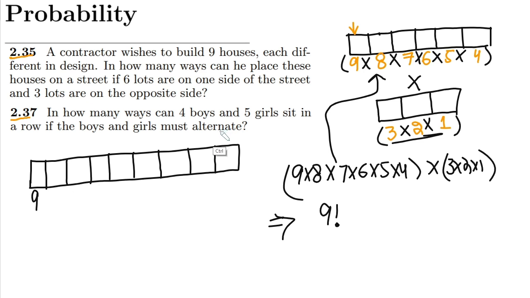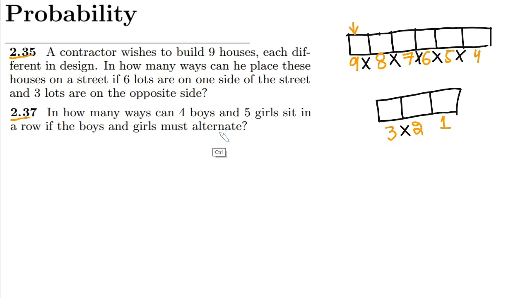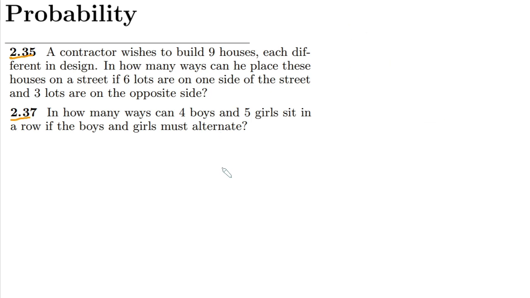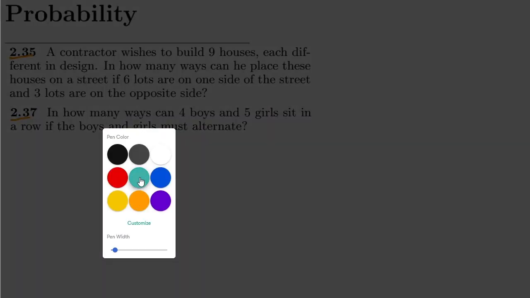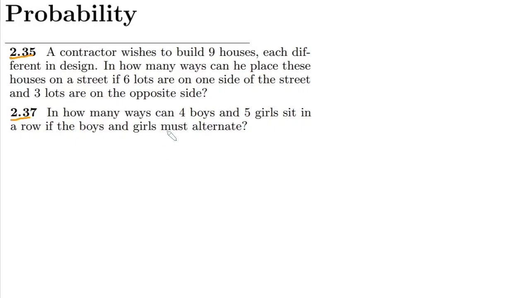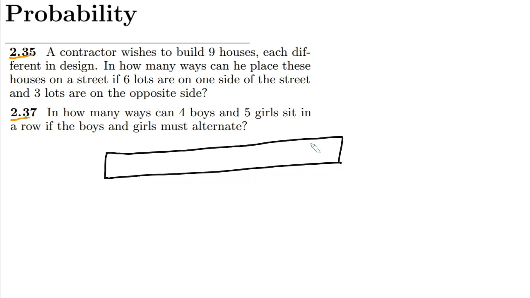Let me first make a block here, as we have been doing in our questions. Let me have a block which consists of 4 boys and 5 girls. So this block will consist of 9 slots, and those would be 1, 2, 3, 4, 5, 6, 7, 8 and 9.